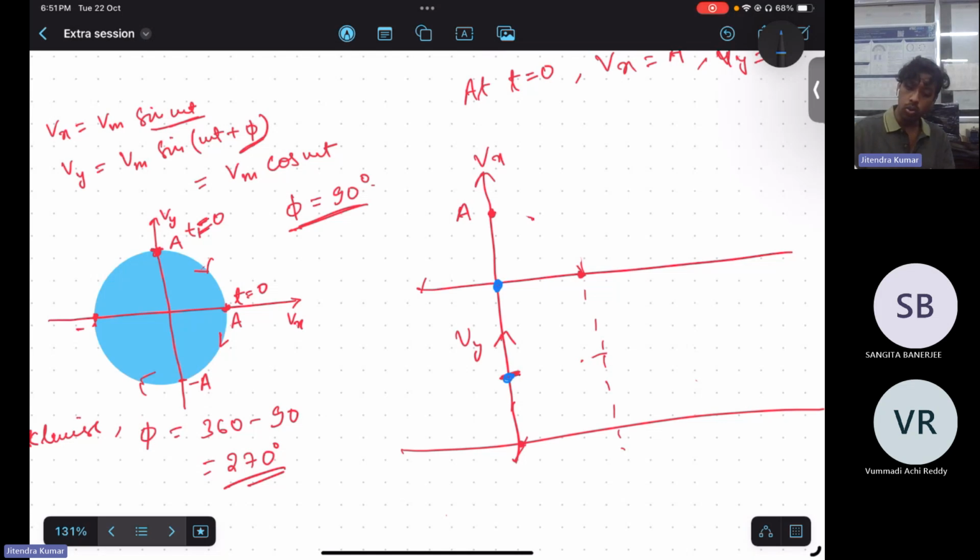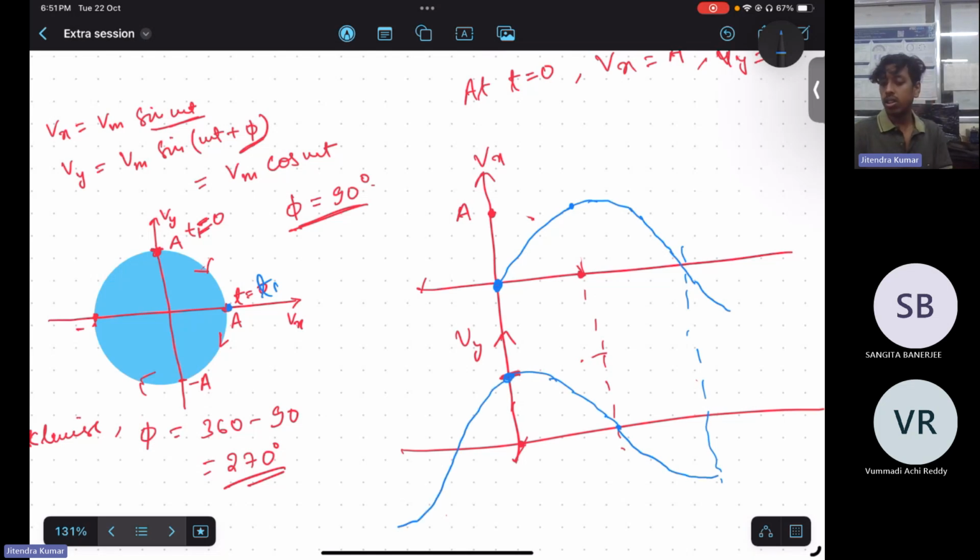Now you move along the direction. You came here at t is equal to t1. Now Vx is maximum and Vy is 0. Now you connect the dots. It will follow a curve similar to this one. Now you tell me which one is lagging to which, and by how much angle.